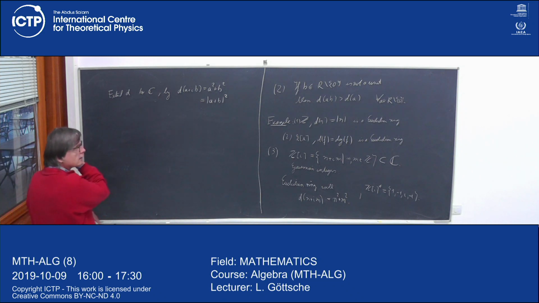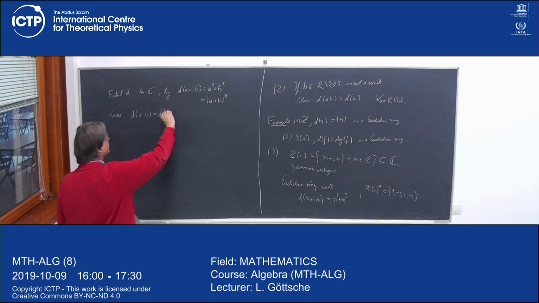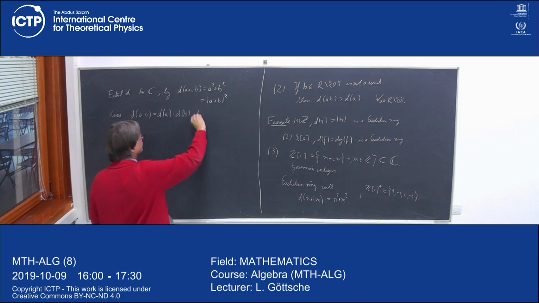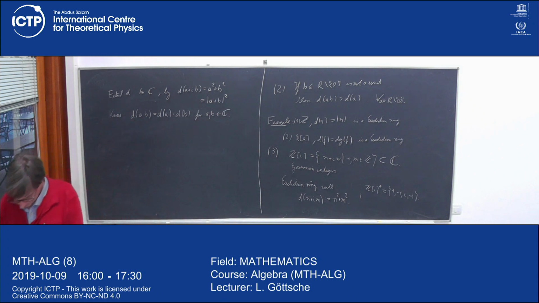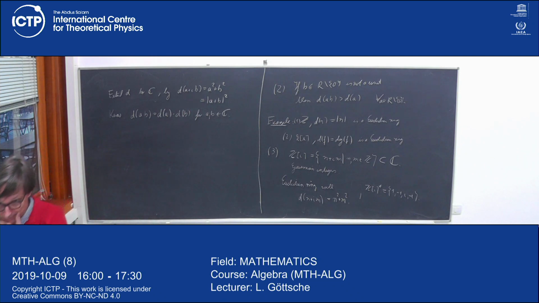And from there you know that if I take a product of two complex numbers, d of a times b is equal to d of a times d of b for a, b complex numbers. Anyway, if you haven't learned it, you just compute it. It's not too difficult.